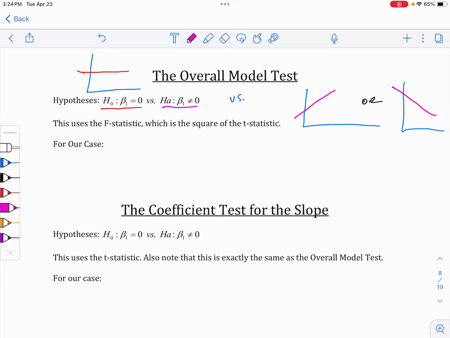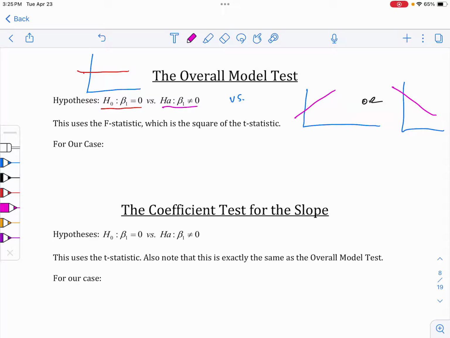So your alternative hypothesis is saying that you have a slanted line, or your null hypothesis says you have a horizontal line. And that means that there's either a relationship between X and Y or there is not. And so that's why we don't need to ever change our hypotheses, because these equations actually relate to what a line looks like.